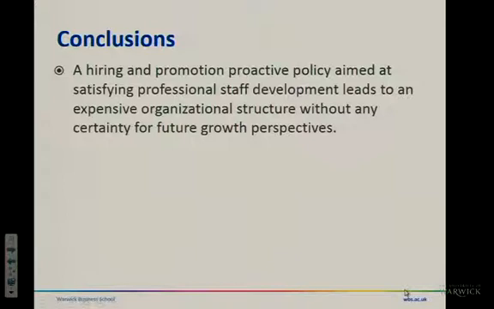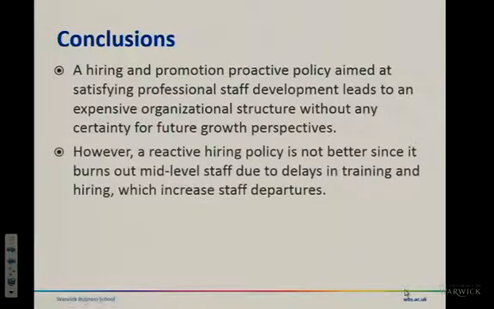You are making a bet that you will find that necessary demand. But if this demand is not realized, you will have over-skilled people at very expensive salaries, so that will be a problem in the future.